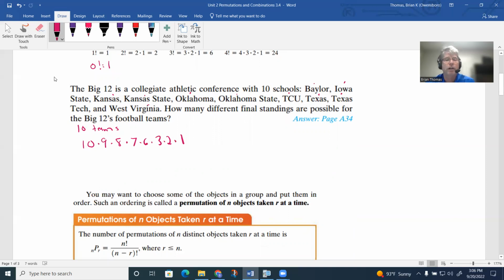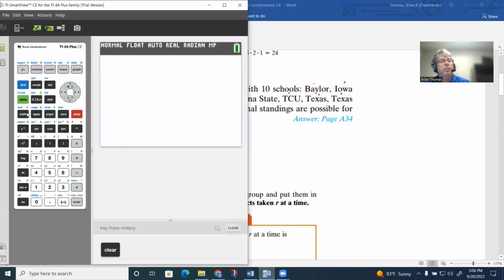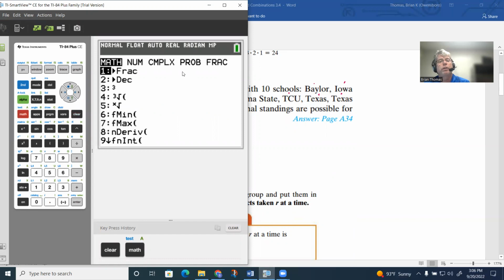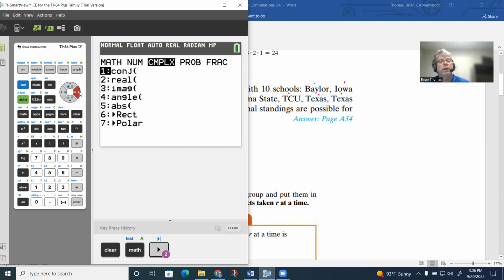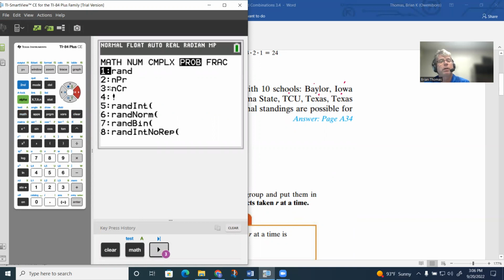So we could put that on the calculator, or what we can do is, using the calculator, if we hit the math button over here to the right, there's this probability. If I slide my arrow over using my directional pad under probability, notice that number 4 has this exclamation point.